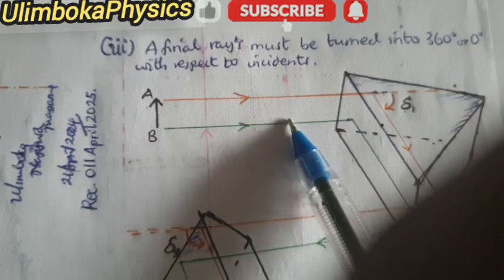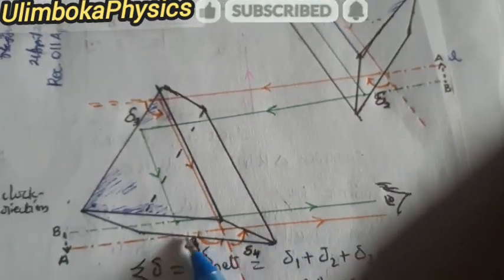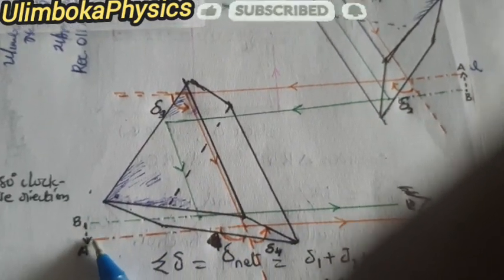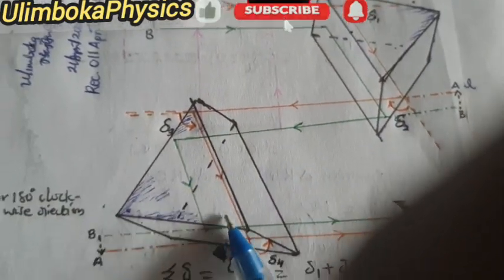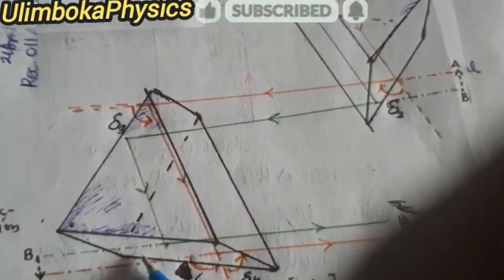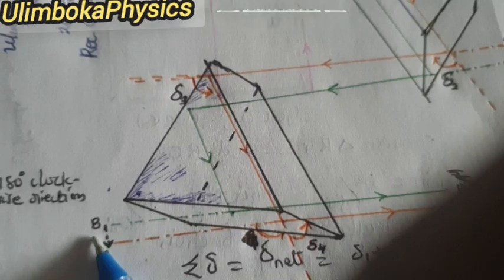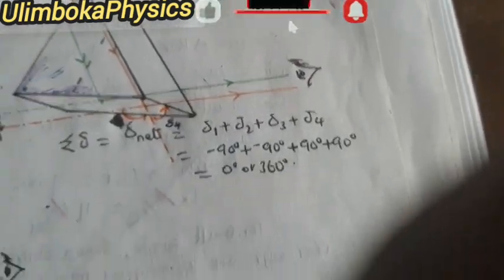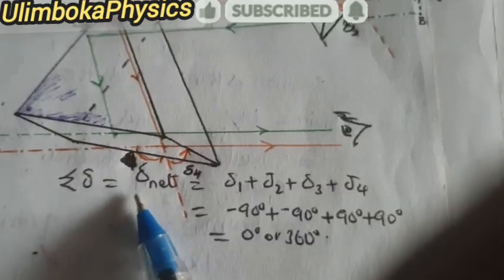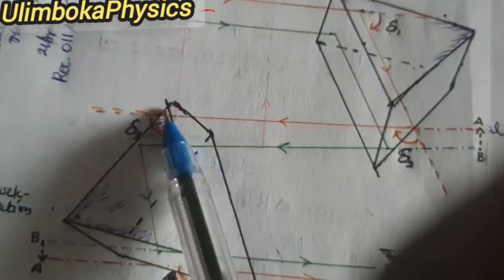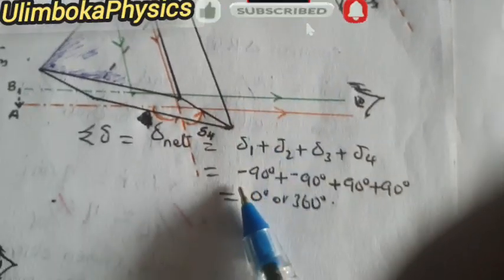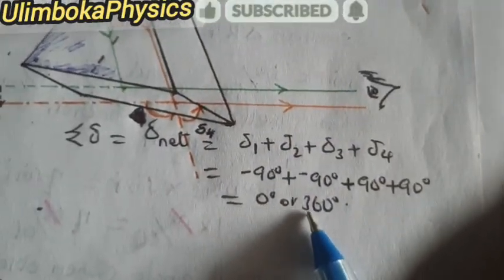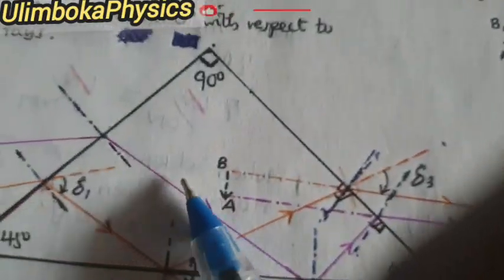So that the observer will not see inverted images of animals, trees or mountains, this set of prisms is in each pair of binoculars, so that the final image will be upright, as you can see in this arrangement. The net deviation is that the anti-clockwise and clockwise deviations cancel each other, so that we have 0 degrees or 360 degrees. This is just a proof.